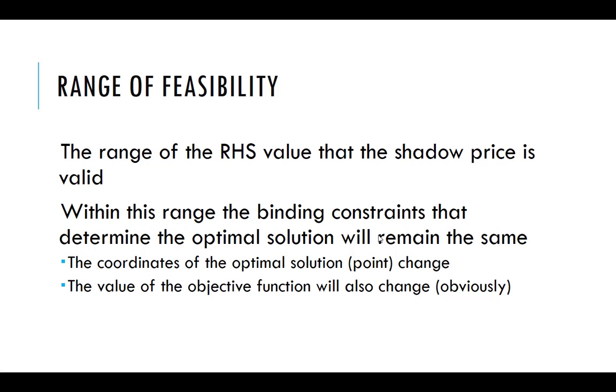If we change just one of the right-hand sides within that range of feasibility, those two constraints will still be the ones stopping us. That's where the corner point is going to be. But the coordinates of that solution point are going to change because I've changed the slope of the line by changing the right-hand side, so obviously the objective function will also change.